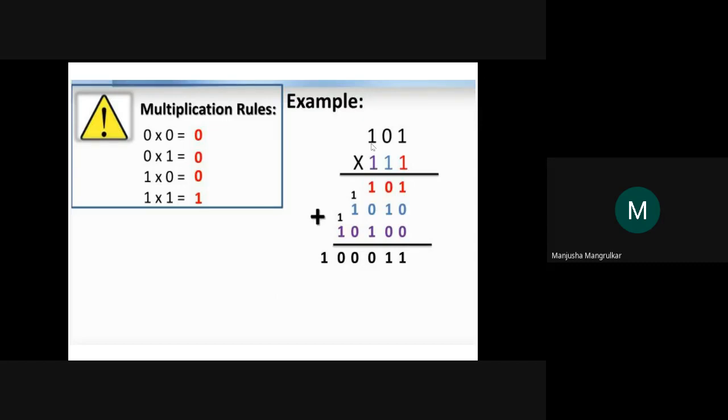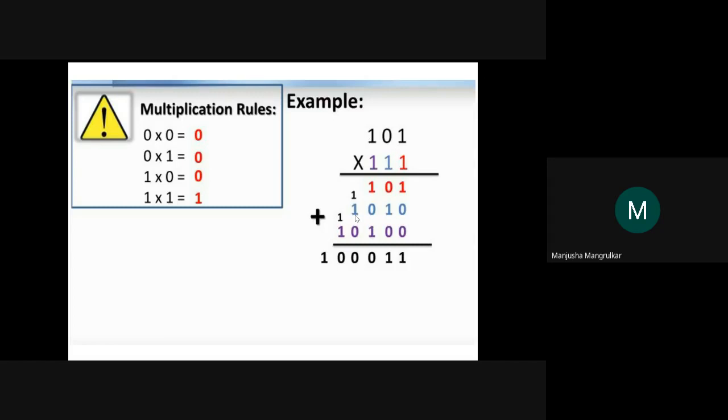We'll see the example of 101 into 111. First we'll do the multiplication with this red 1. So 1 into 1, 1 into 0, 1 into 1. So what number will we get? 101. Second, we leave one LSB bit, and this gray 1 is multiplied by this 101.